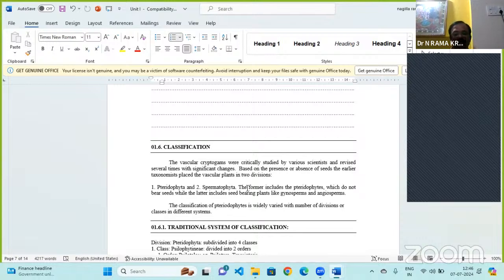In the majority of pteridophytes, spores are produced in one type of sporangia, and such a plant is said to be homosporous, for example Lycopodium. These spores germinate to produce exosporic gametophytes of the same kind.